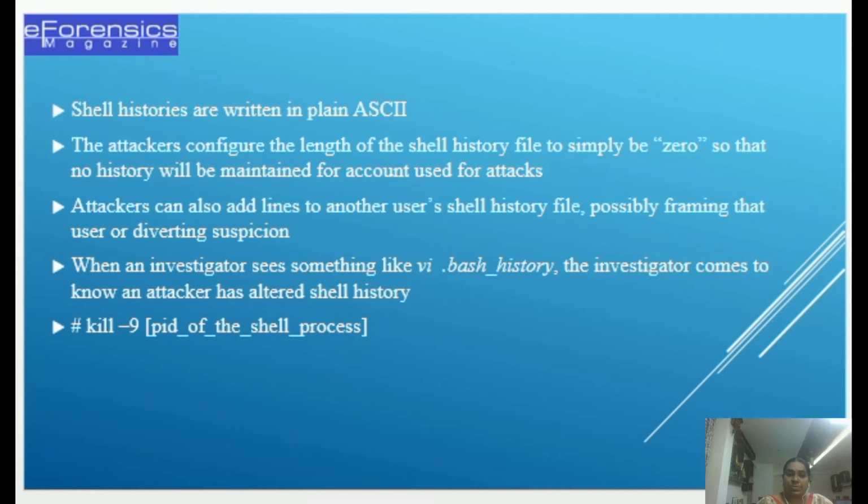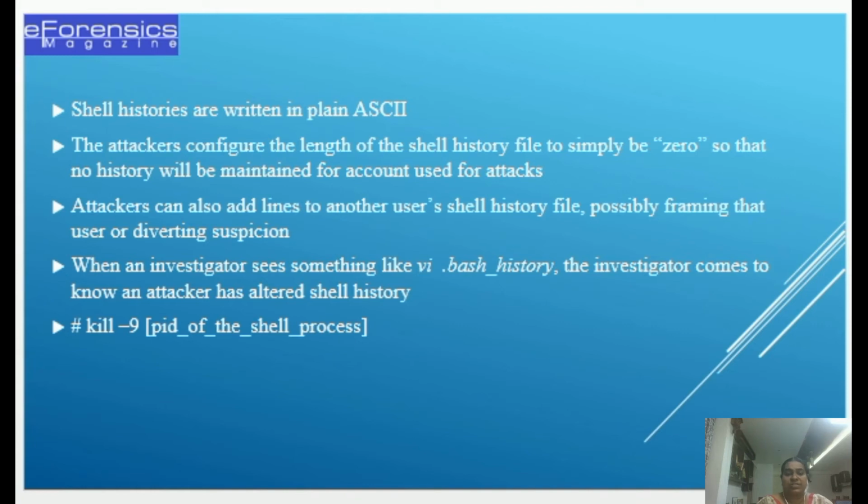To overcome this problem, the attacker exits the shell, logs back in, creating another shell, and then tries to edit the shell history file again to remove the line about editing the shell history. It's a chicken and egg problem for the attacker. Two widely used solutions to this dilemma for the attacker are: first, the attacker simply sets the history file size to 0.